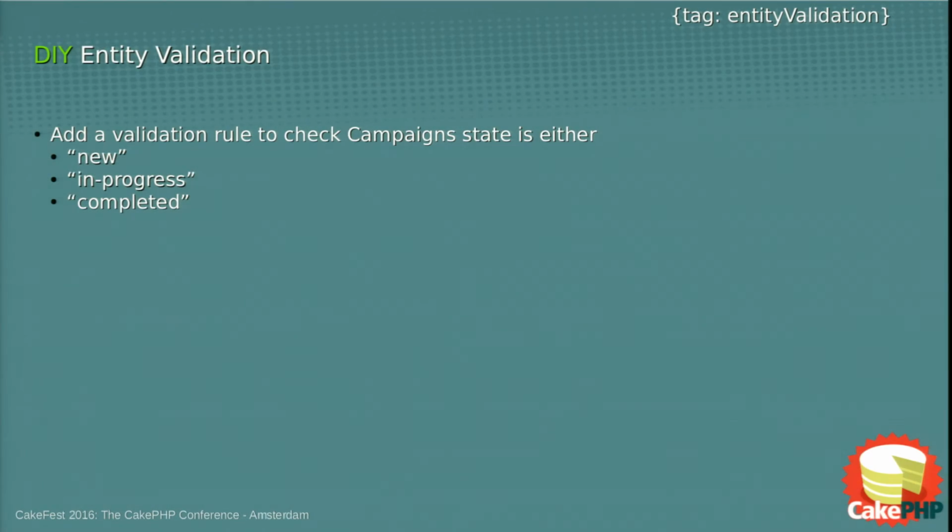More questions? No? So let's add a validation rule for the status of the campaign. Sorry, I mixed those two words. We have a campaign status, and we want to validate that it could be either new, in progress, or completed. We're going to use one core validation rule that is in list, so you can go ahead and write the validation rule for it.